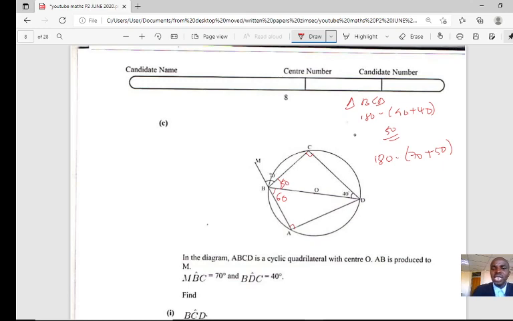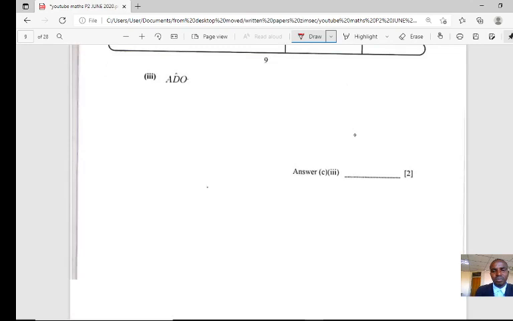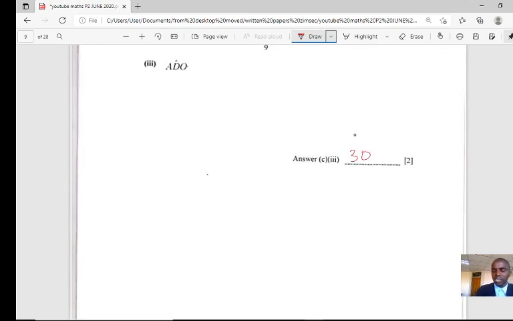We've already found angle ABD, so you use angles in a triangle. You say 180 minus, in triangle ABD, 60 plus 90. You get 30 degrees. So the angle is 30 degrees. Done.